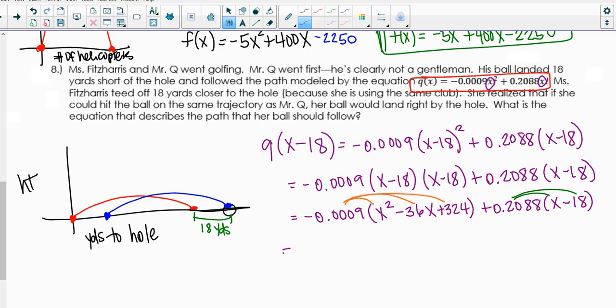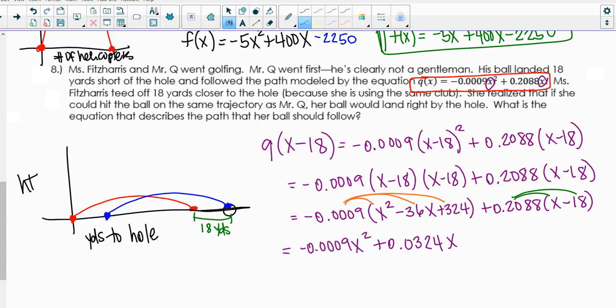Okay. So negative 0.0009x squared. Hold on, I'm going to get my real calculator out. I've been using my phone, which I don't know how you guys do that. That drives me crazy. Negative 0.0009 times 36. I end up with a positive 0.0324x.